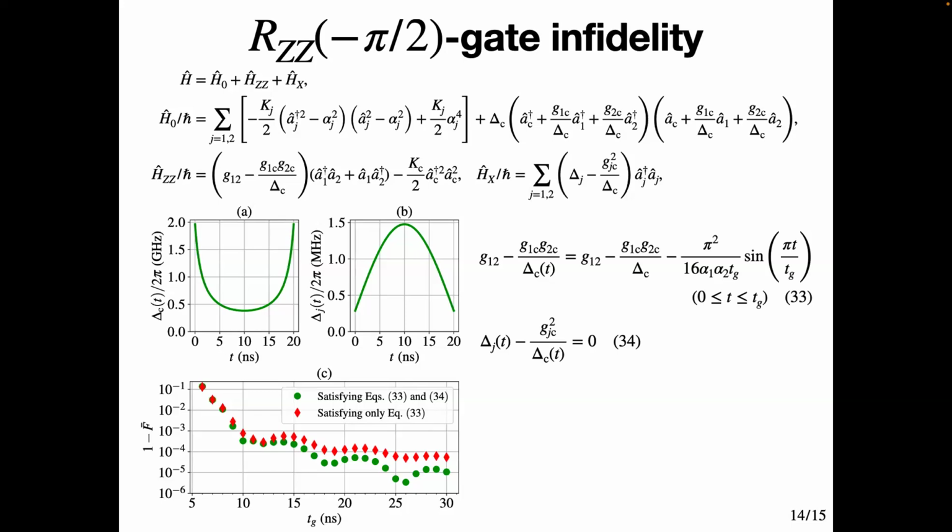But as we can see, the change of delta J is small compared to the change of delta C. So we also calculated the case in which delta J is set constant. Even in this case, we have small gate infidelity, as you can see from the red diamonds here.